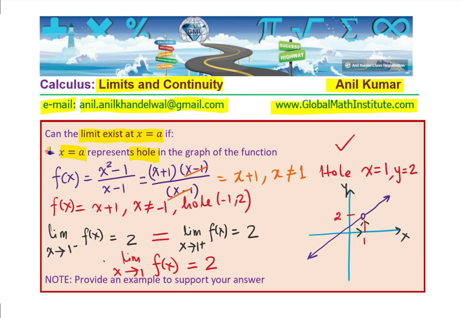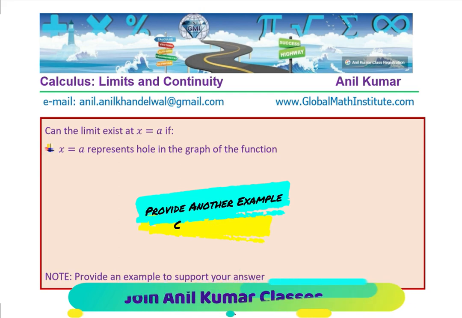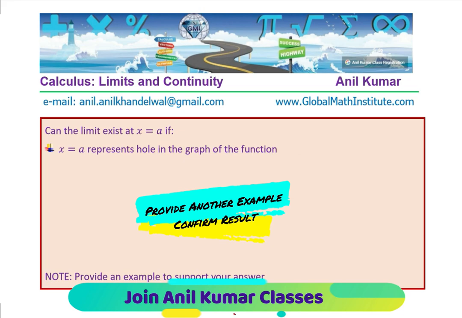So it does exist. Now, I would like you to provide another example and figure this out. Well, we could do with a graph, let us say, very similar to what I took.